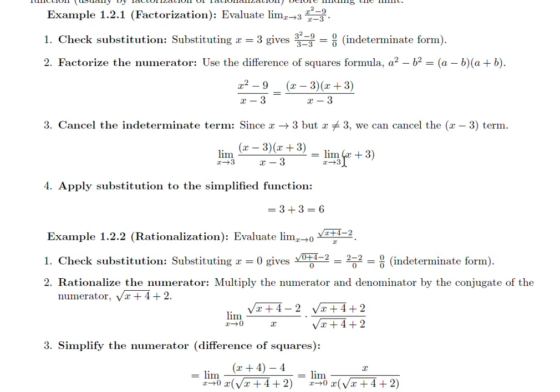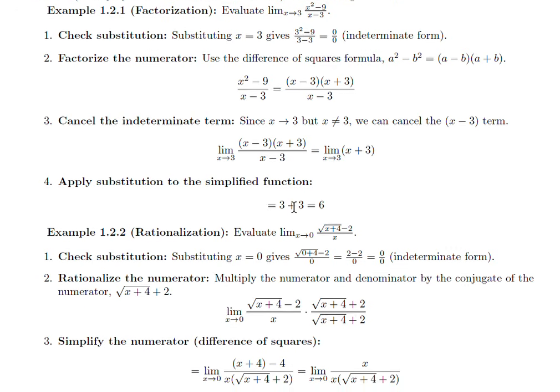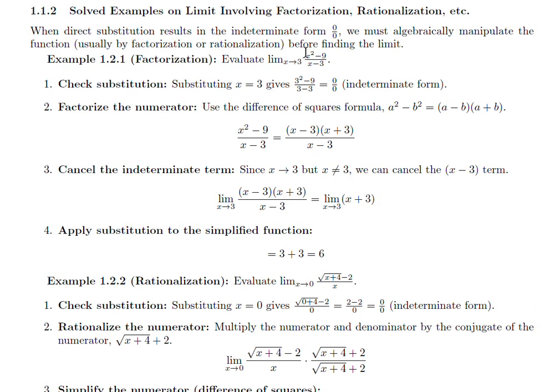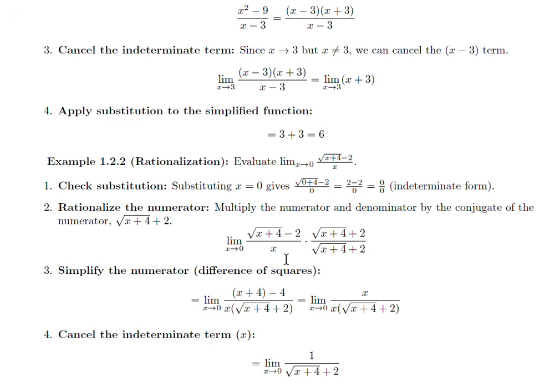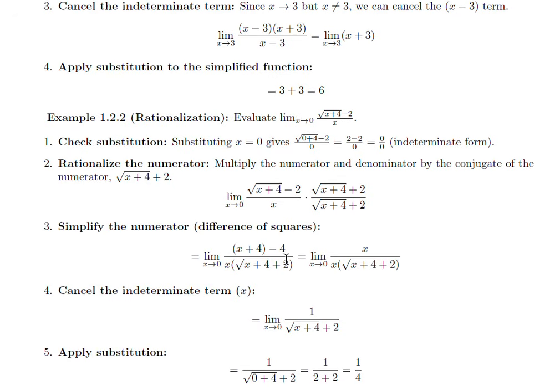So plugging in 3 here, we have 3 plus 3 and 6. 6 is a real valued number and it is defined, so that's our solution. It means that fraction x squared minus 9 over x minus 3 would approach 6 as x approaches 3. That's the explanation of our result.